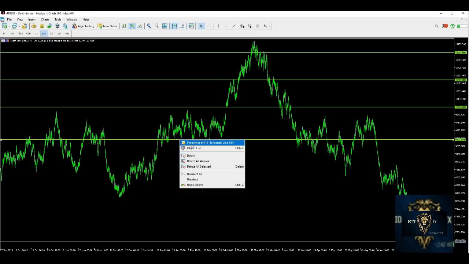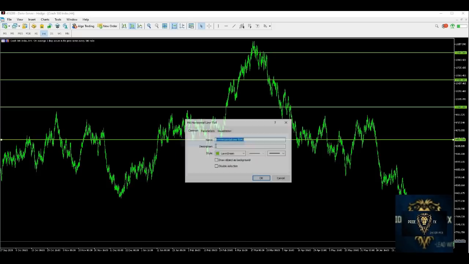Here we say properties, and the same thing applies over here. This is actually Crash 500, so you do the same thing for Boom 500, and if it's 1000, you do it the same way for Crash 1000. We'll get into that now, but let's just finish this part first.